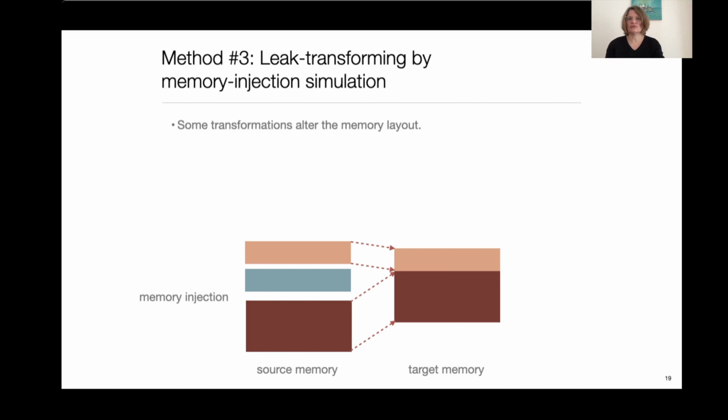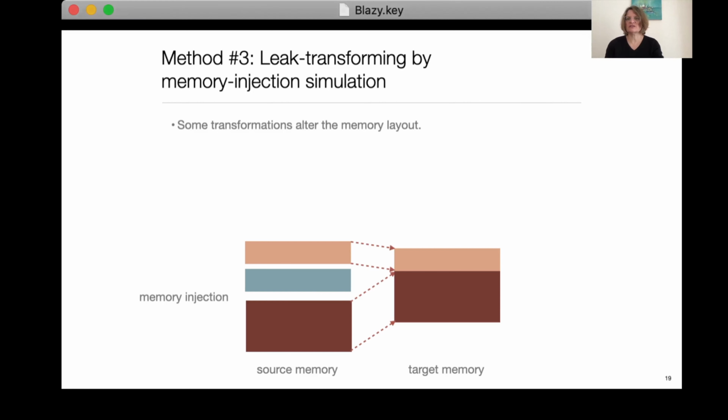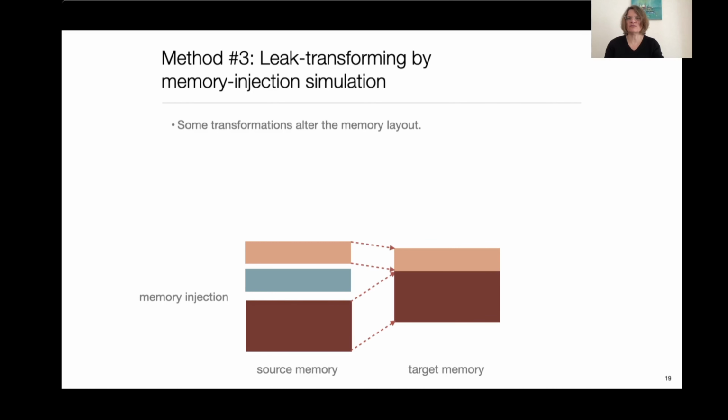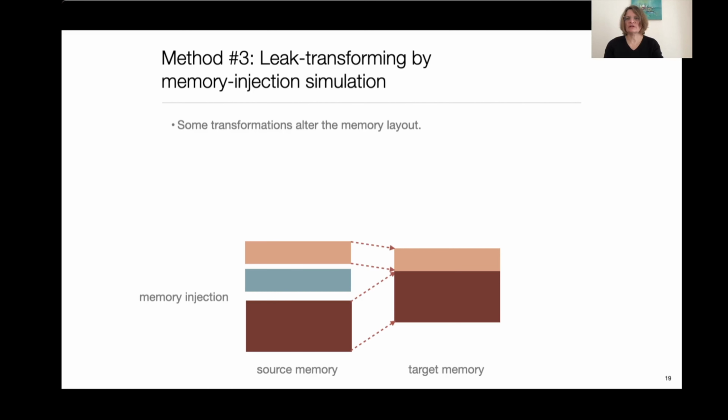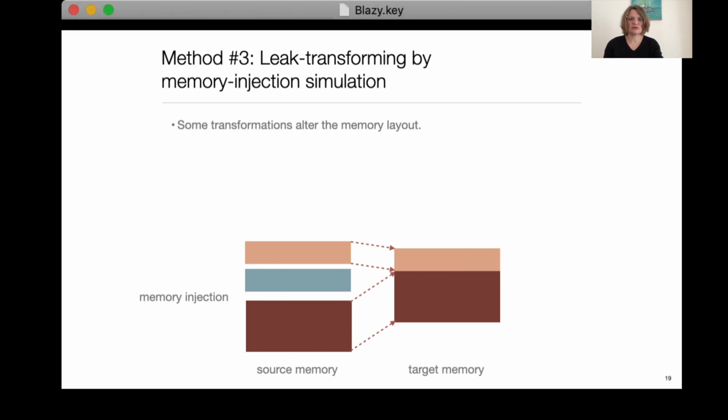An example of a pass that uses memory injection is the construction of stack frames, where some local variables are put in the stack frames, while other local variables are pulled out of memory. So this corresponds to the picture here on my slide.